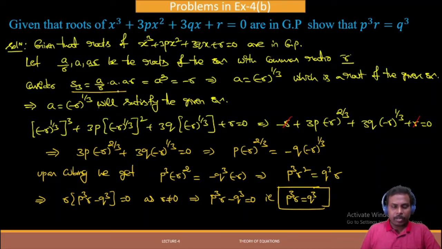In the case when roots are in arithmetic progression, you have to consider the roots as a minus d, a, a plus d, and there we took the sum of the roots, S1. If I take the sum, then it becomes 3a. You'll be getting one root directly there. So this is how we have to proceed when the roots are in geometric progression or in arithmetic progression. Okay.